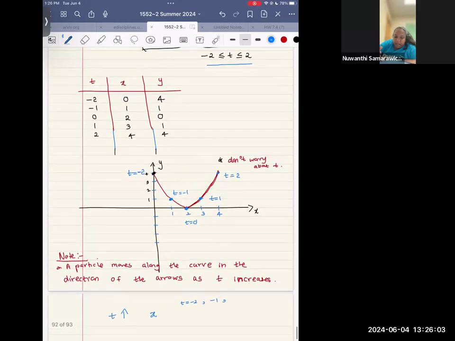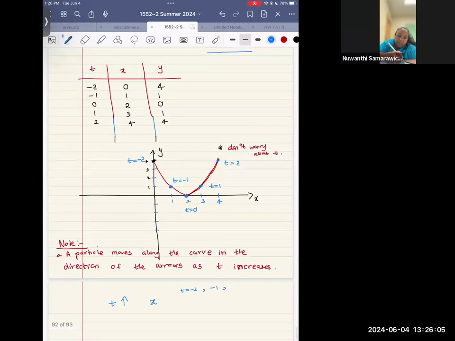By looking at the table, can you tell me? So x increases. So your arrows should always be drawn in the direction where t increases. From left to right, t is increasing, so your arrows will look like this.